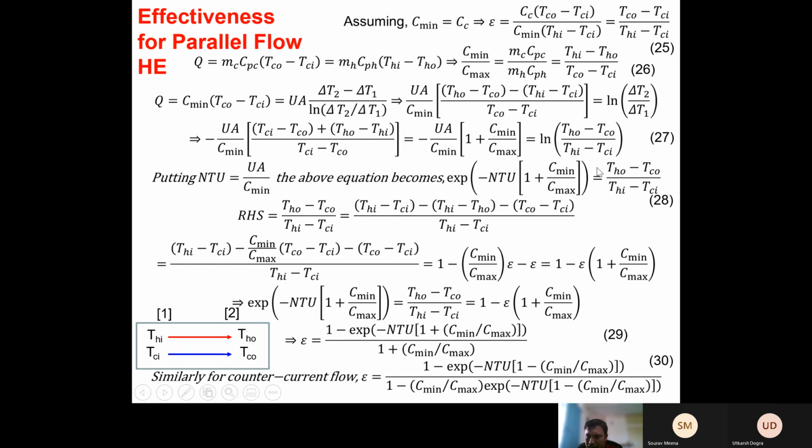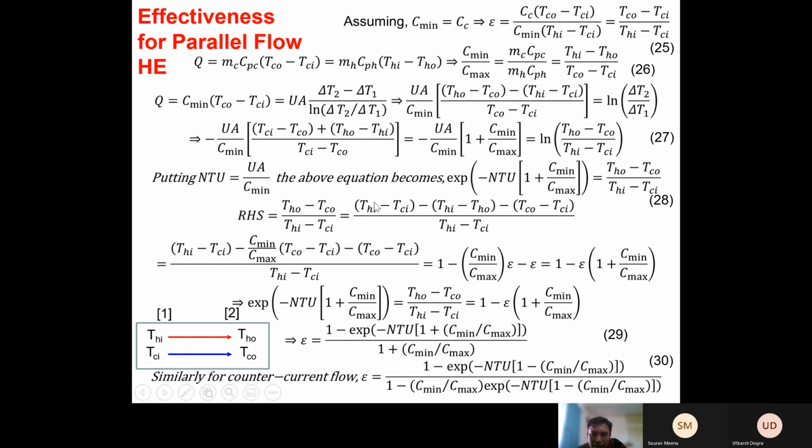So now let's analyze this right hand side. This right hand side is THO minus TCO divided by THI minus TCI. Now I am rearranging this numerator. I am just putting THI minus TCI minus THI minus THO minus TCO minus TCI. Now if you add all the terms in the numerator, you ultimately get THO minus TCO.